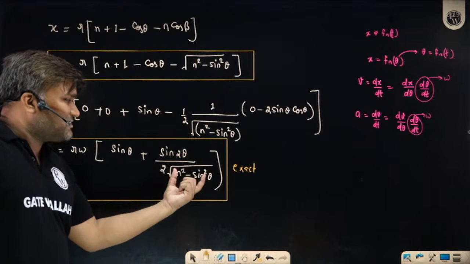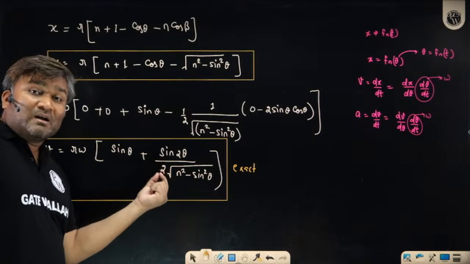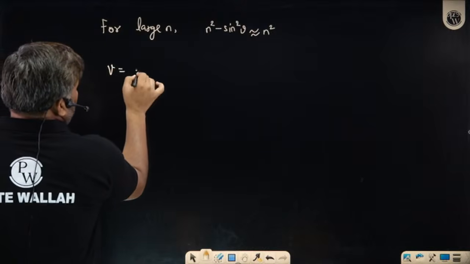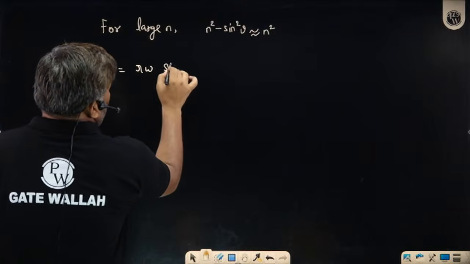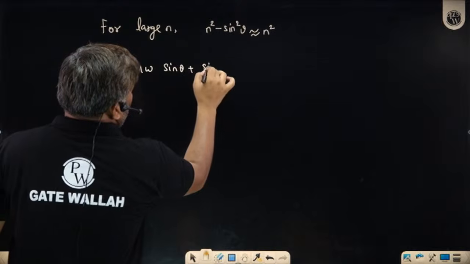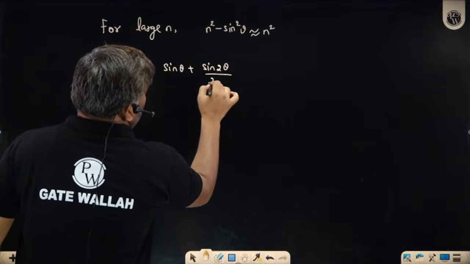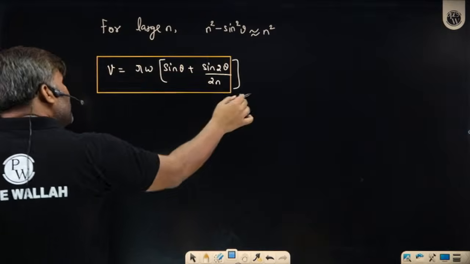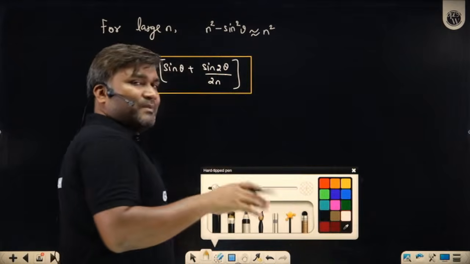Under root n square is n. My expression comes out to be velocity is equal to r omega times sin theta plus sin 2 theta divided by 2n. This is the formula which you can very well use in every place.